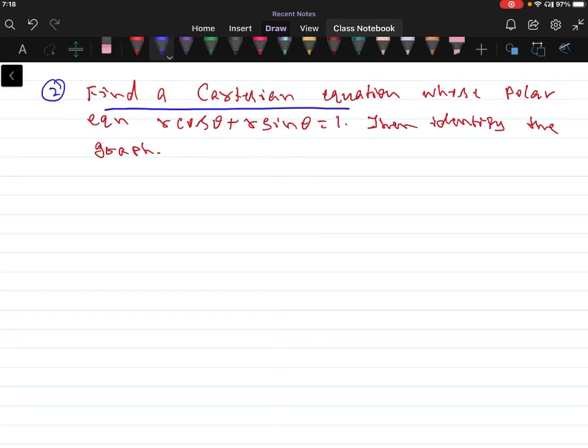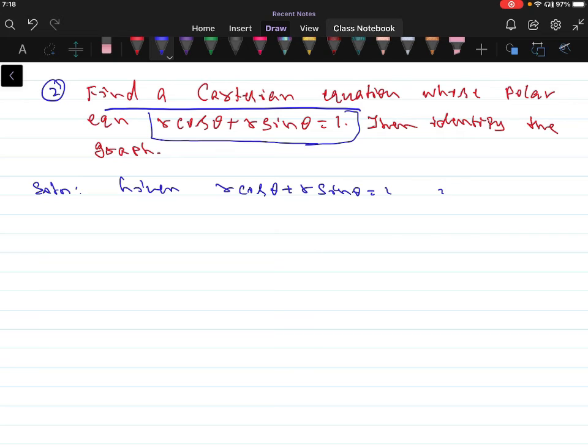Find a Cartesian equation whose polar equation is r cos theta plus r sin theta is equal to 1. Then you have to identify the graph. So let us move to solution. Given the polar equation is r cos theta plus r sin theta is equal to 1. So you have to convert in terms of Cartesian form. So we know that r cos theta is equal to x and r sin theta is equal to y.